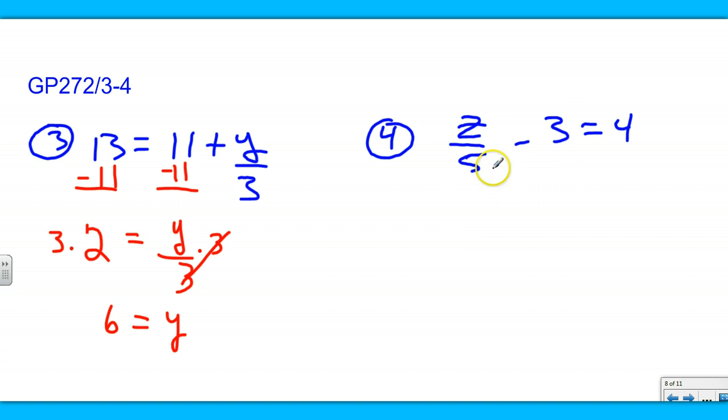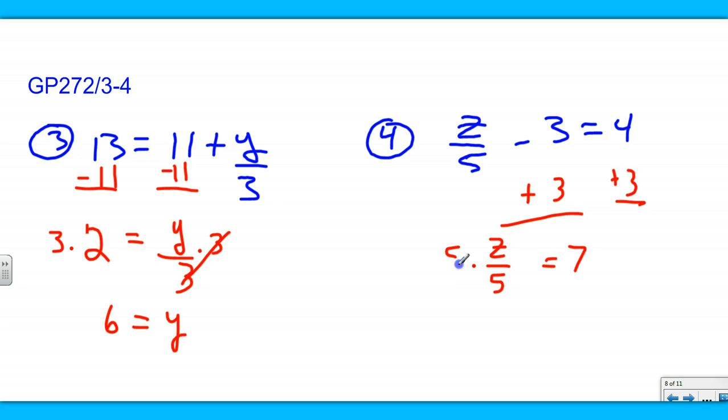Very good. And number 4, undo the addition or subtraction. So let's undo the subtraction. Add 3 to both sides. Very good. And we end up with z over 5, which is division, right, equals 7. So what is the inverse of dividing by 5?